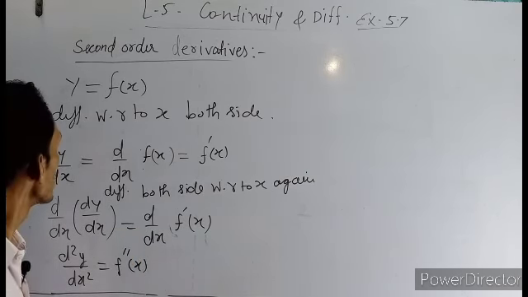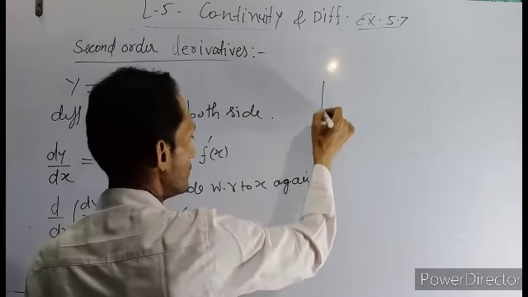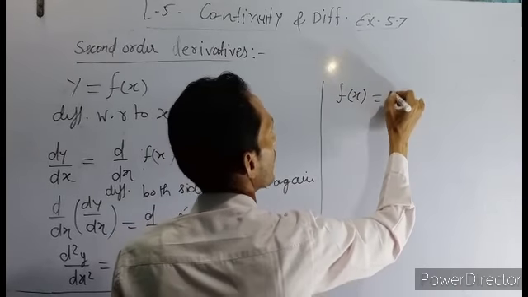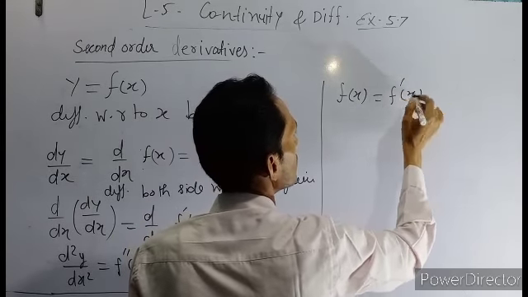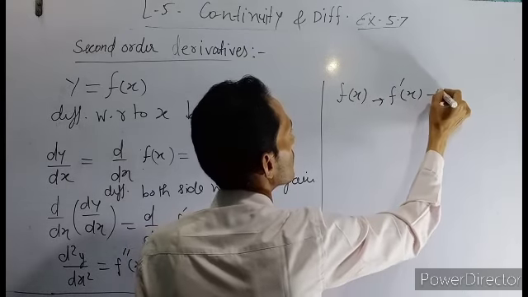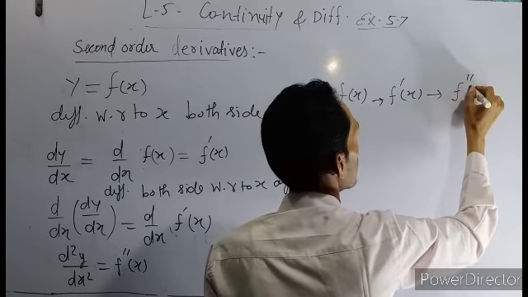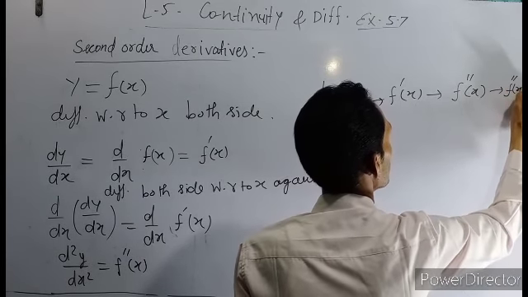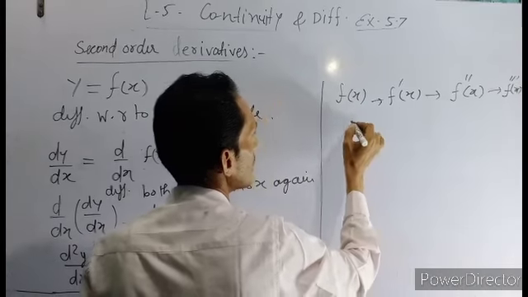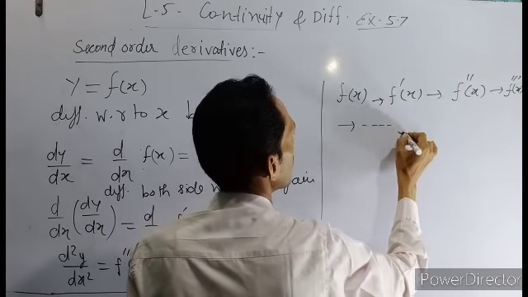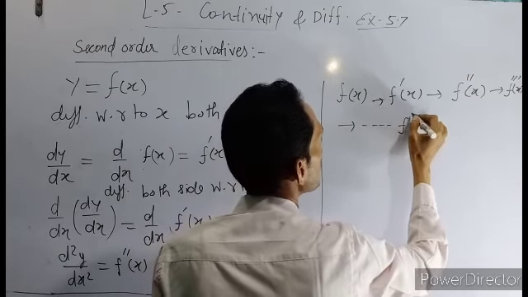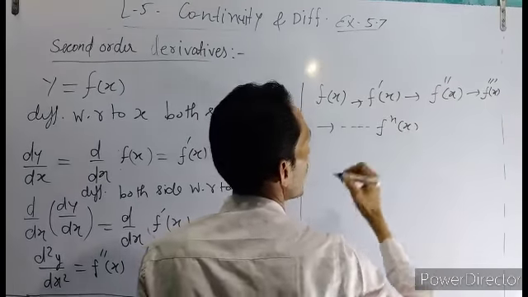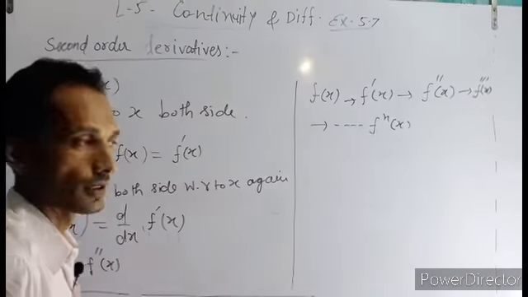So how can we represent the second derivative? In the form of function, f(x), first derivative f dash x, second order derivative f double dash x. Similarly you can find f triple dash x, and the nth order f n x, that is the nth derivative of a given function.